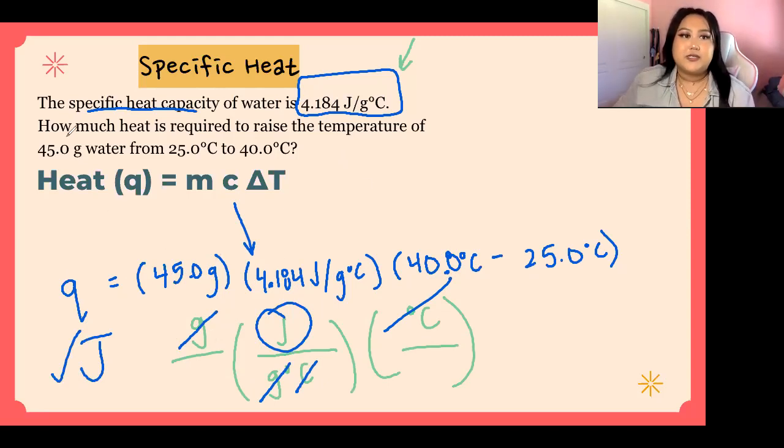So let's say this was kilograms of water. What would we have to do before solving it? If instead of 45 grams, this problem was written as 45 kilograms, everything else the same, just that they gave us the mass in kilograms, what would we have to do?